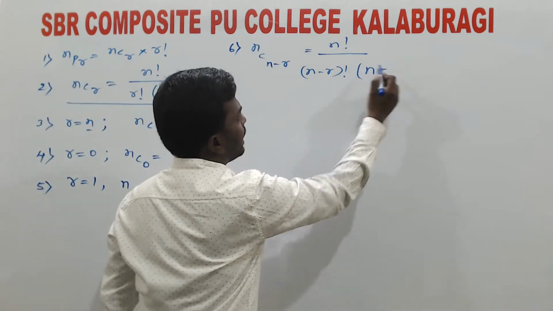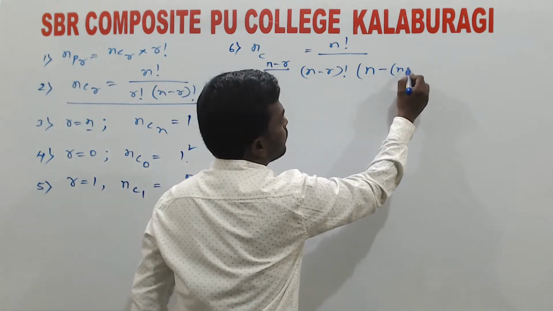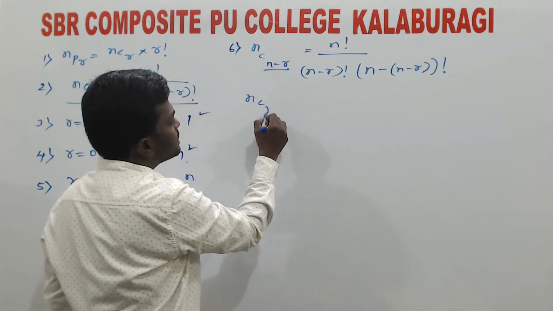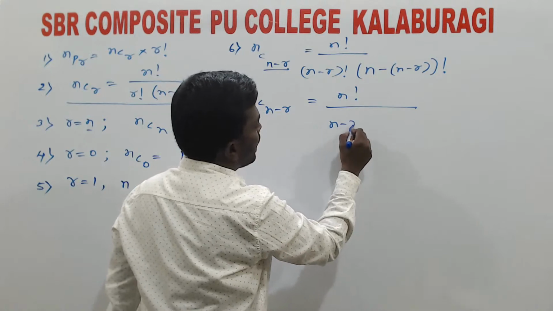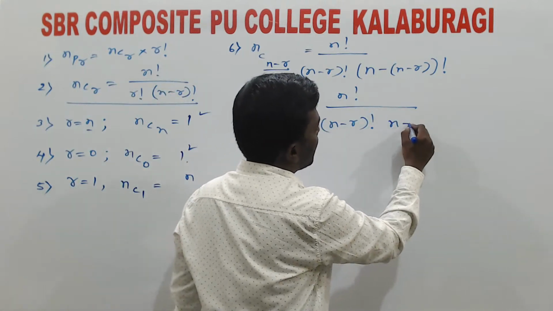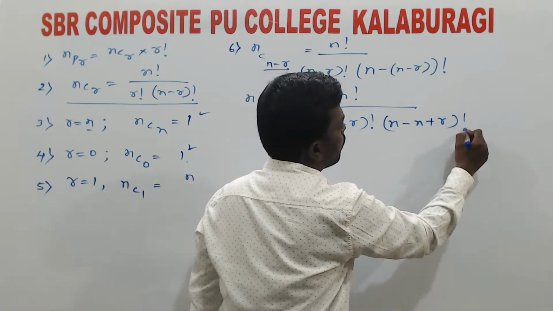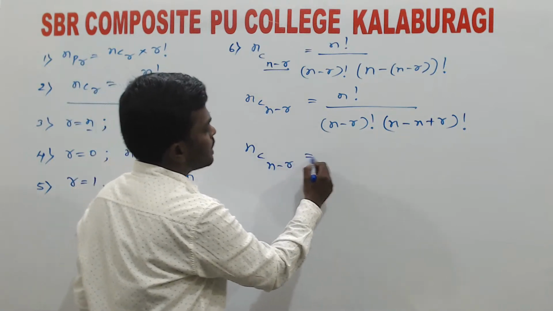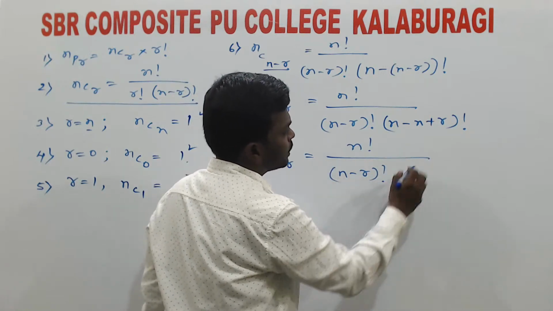Next, (n minus r) factorial. In place of n, n, but in place of r, we have here n minus r, so (n minus (n minus r)) whole factorial. So nC(n minus r) is equal to n factorial by (n minus r) factorial into (n minus (n minus r)) factorial.